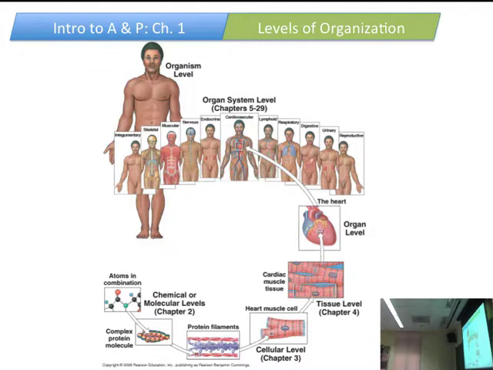All right. So here's the same continuum, this time breaking it up into each of the organ systems. So I'm going to assume that you guys have a basic understanding of what atoms are, what chemical bonds are, how chemical bonds form molecules, and that sort of thing.